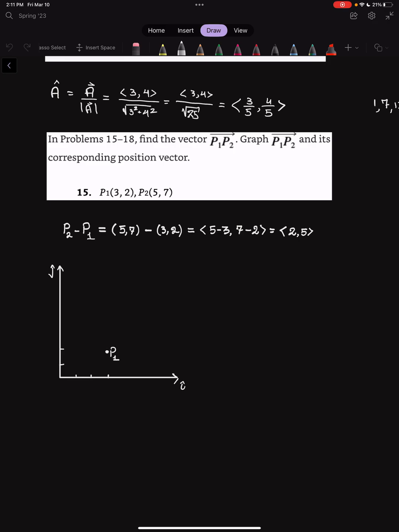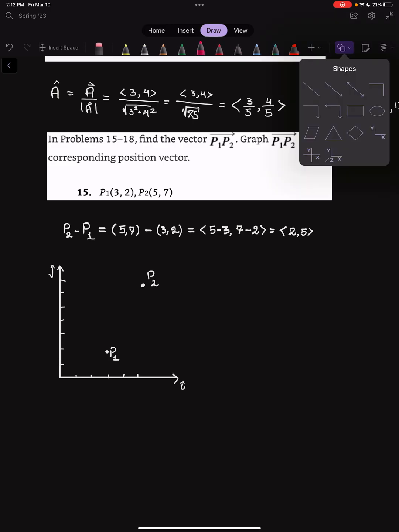If I were to plot P2, I would plot it at 5, so 3, 4, and 5, and 7. 2, 3, 4, 5, 6, and 7. So that would be right here. That would be P2. Now, you want to find this vector right here.